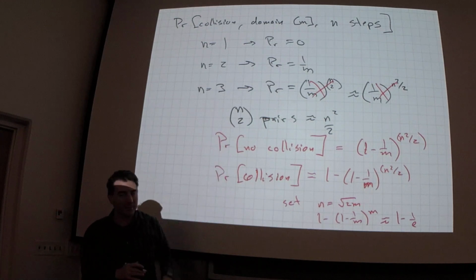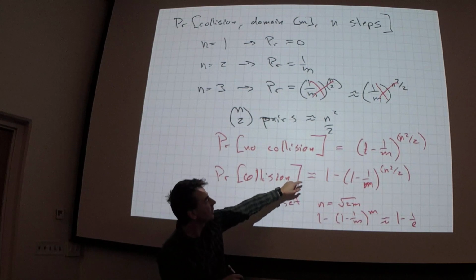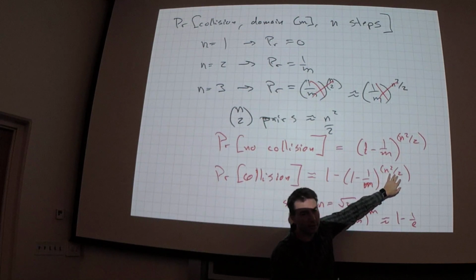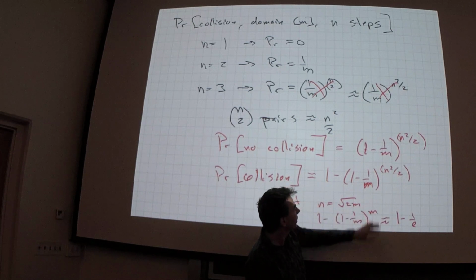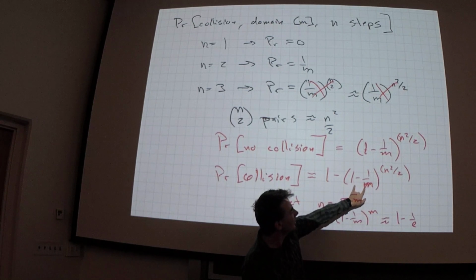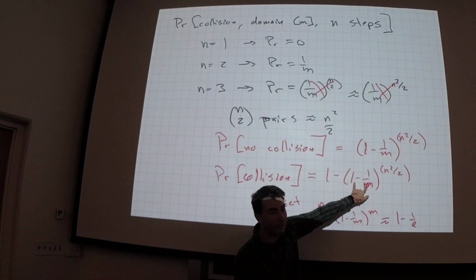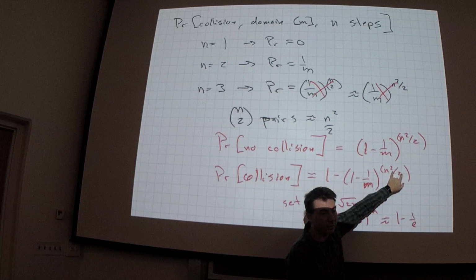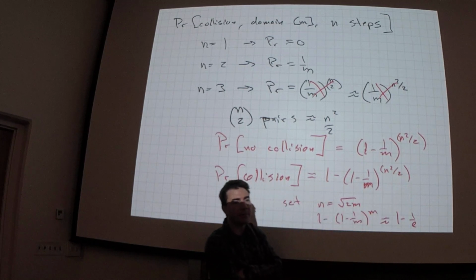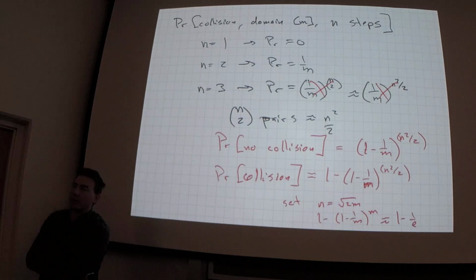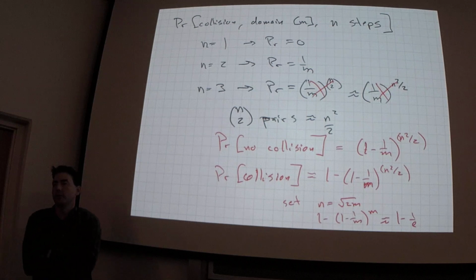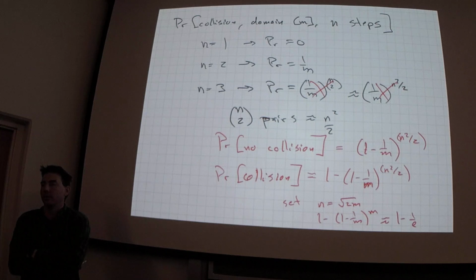Aside from that mathematical error, even if I use n choose 2 instead of this simplification here, if I did 1 minus quantity 1 minus 1 over m to the power n choose 2, what's going to happen when n becomes 366 or 367? Or n is equal to m? Yeah, there has to be a collision.